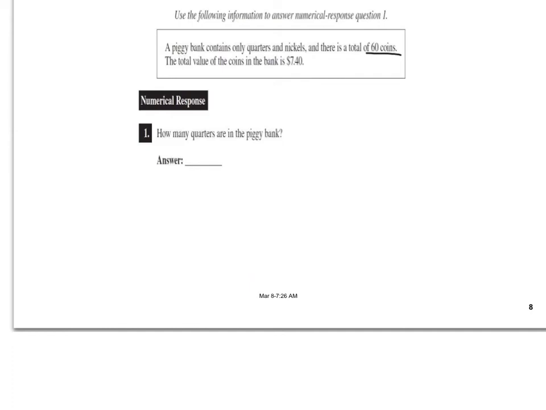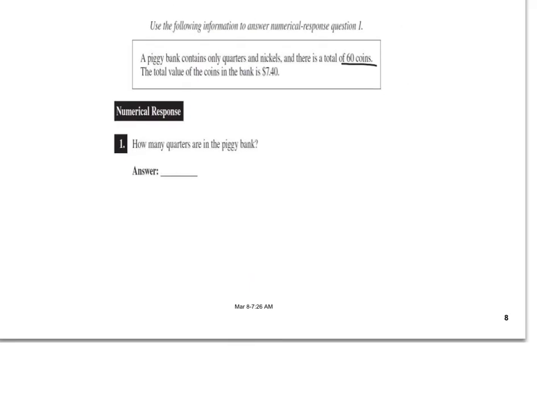In order to do this, we will manipulate this first formula so that we can substitute it in for n right there. So to do that, we will isolate n. We will subtract q from both sides.